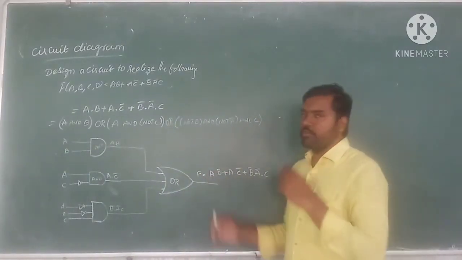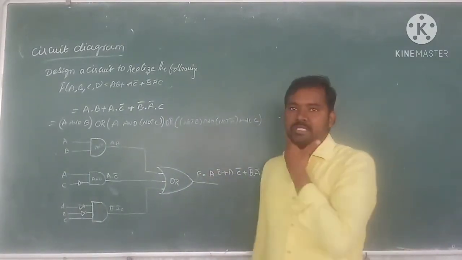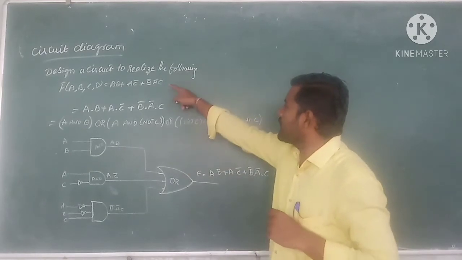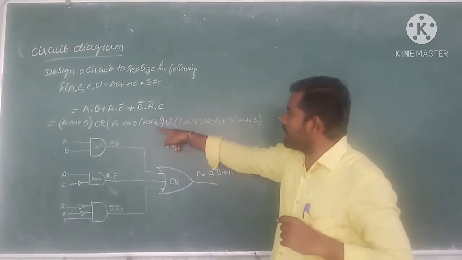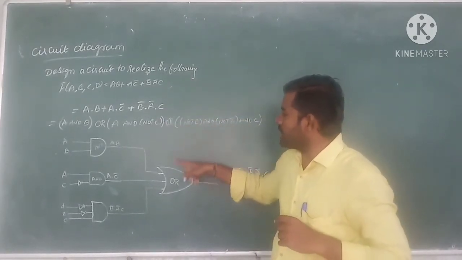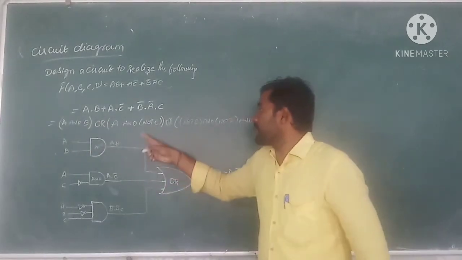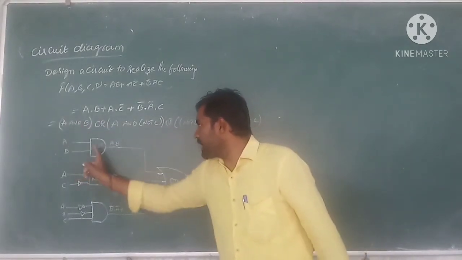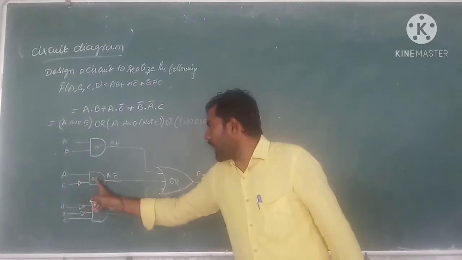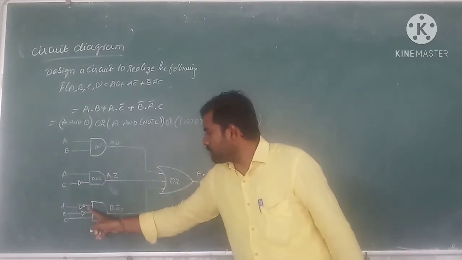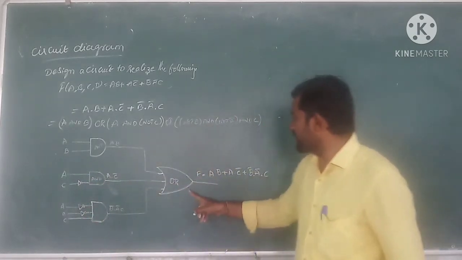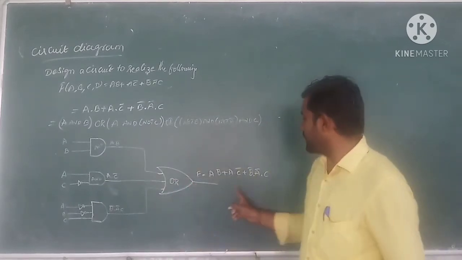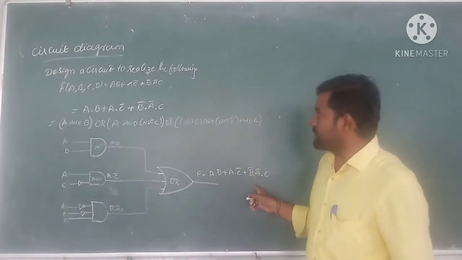I think all of you understand how to draw a logic circuit diagram. They will provide the equation; convert it into the original format with AND and NOT gates, and then separate the terms: A and B, A and C complement, A complement B complement C. Then merge all of these into the OR gate, and we form the equation.